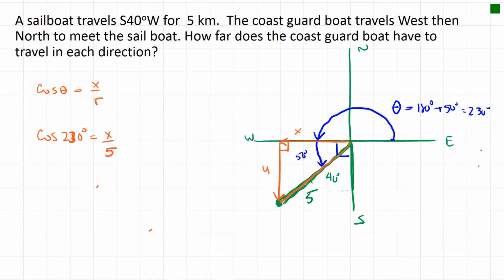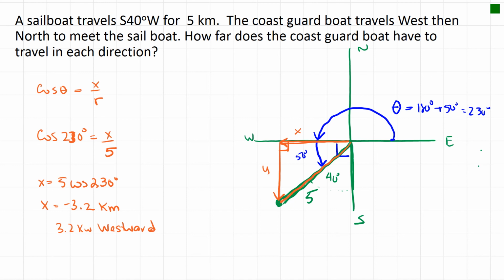So multiplying both sides by 5, we get x equals 5 cosine of 230 degrees. And that gives you an answer of negative 3.2 kilometers. And that makes sense because x is going in the negative direction. So the Coast Guard boat will have to go negative 3.2 kilometers or 3.2 kilometers westward.